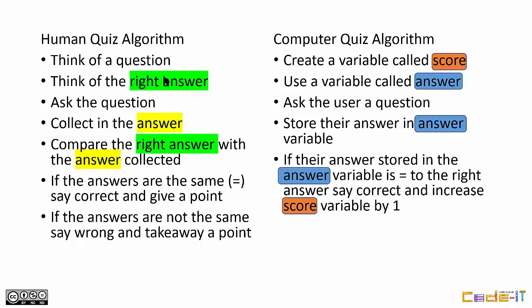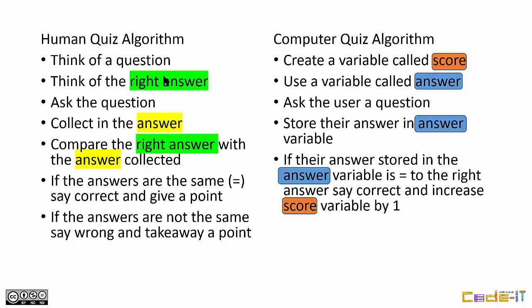Then we're doing that same sort of process: if their answer stored in the answer variable is equal to the right answer, say correct and increase the score variable by 1. That's the first bit.